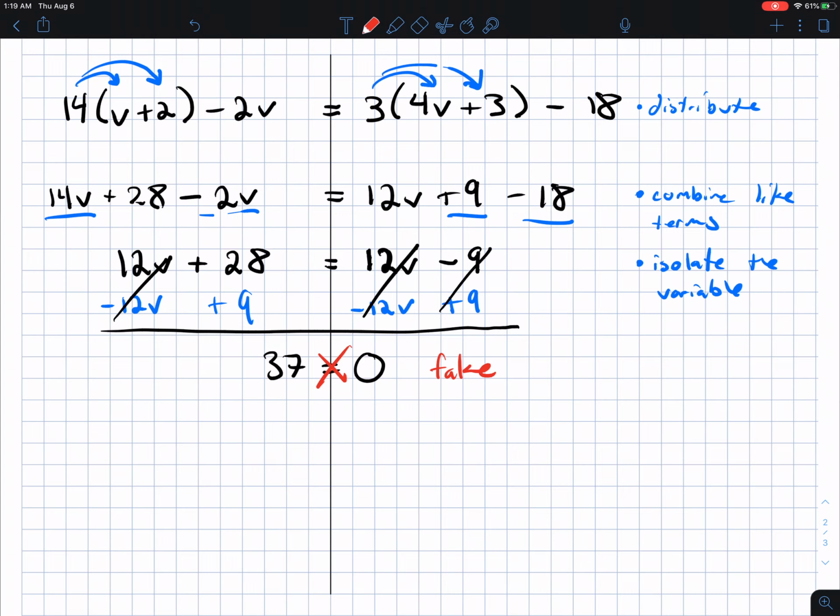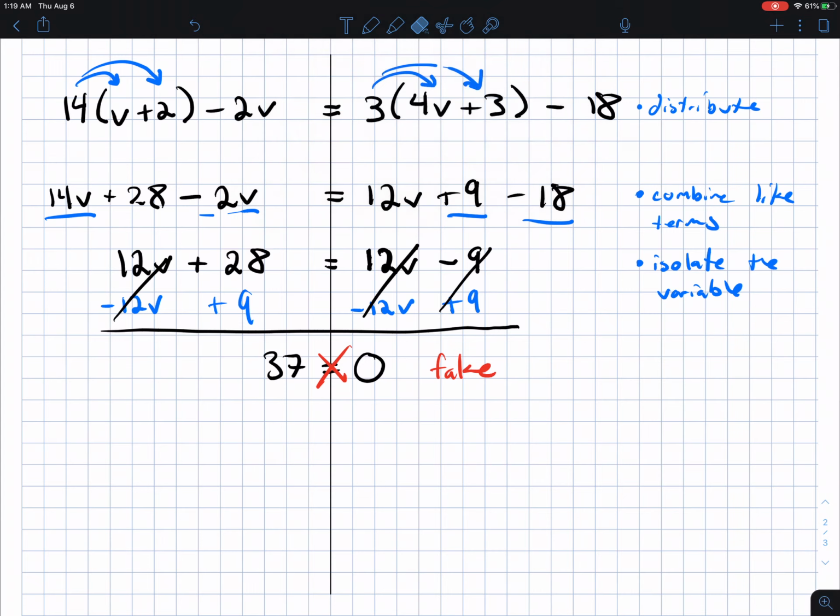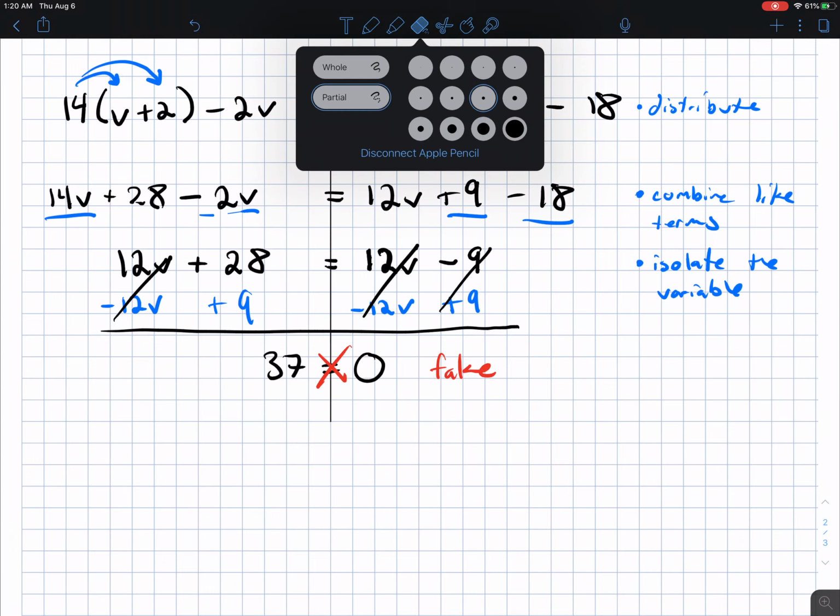Because this is false, this is an example of a contradiction.